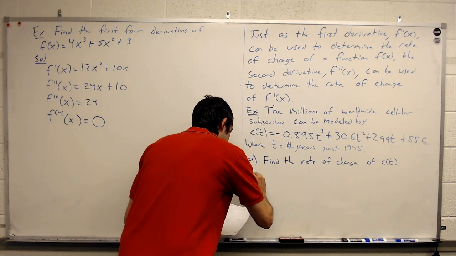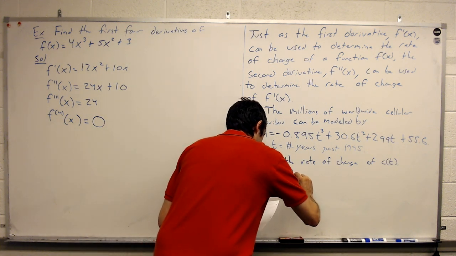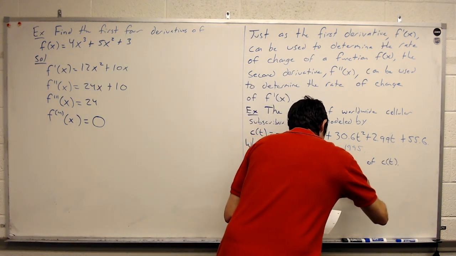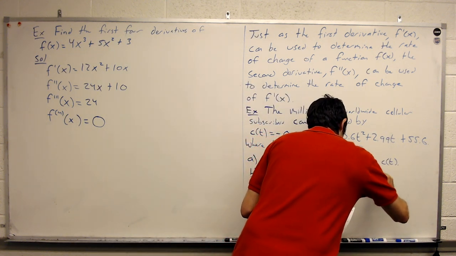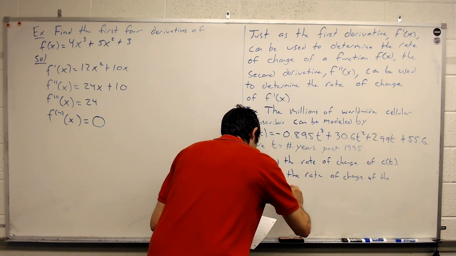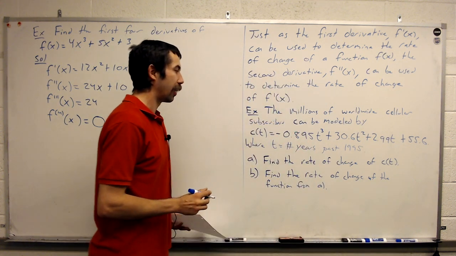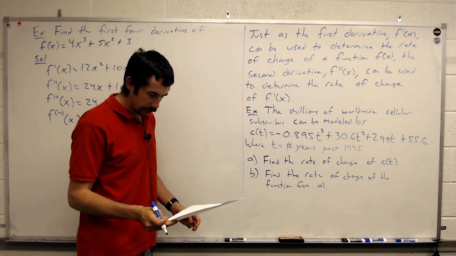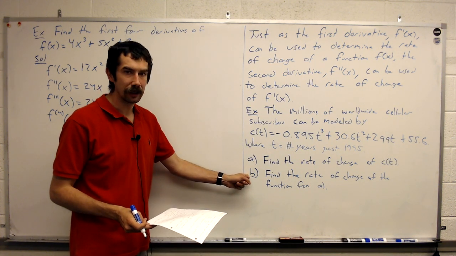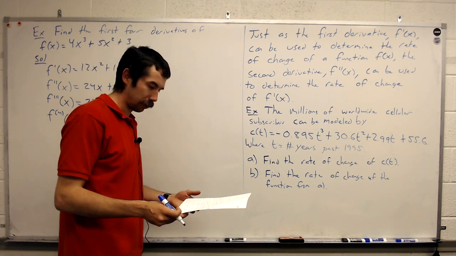Then we're going to find the rate of change of that function. So we'll find the rate of change of the function from a, and then we want to find where the function from b equals 0 and interpret the meaning of that value.